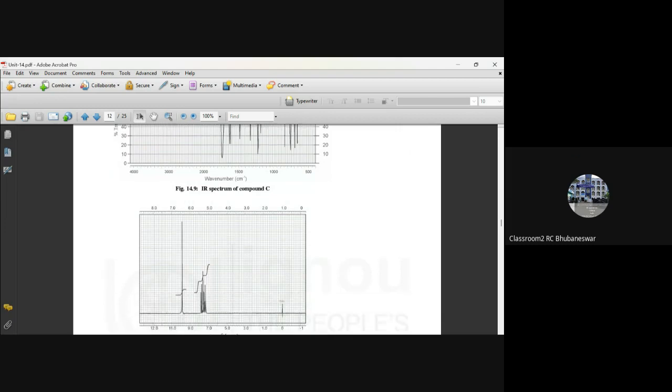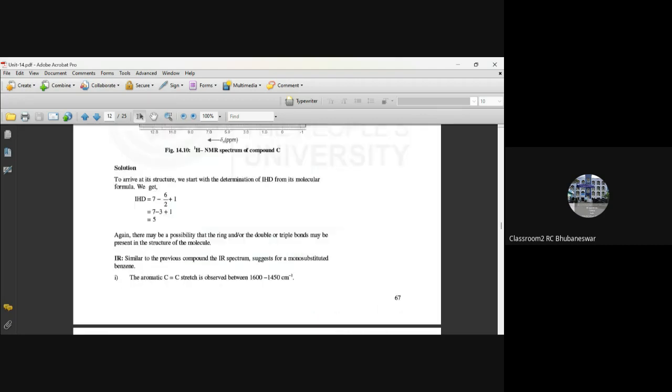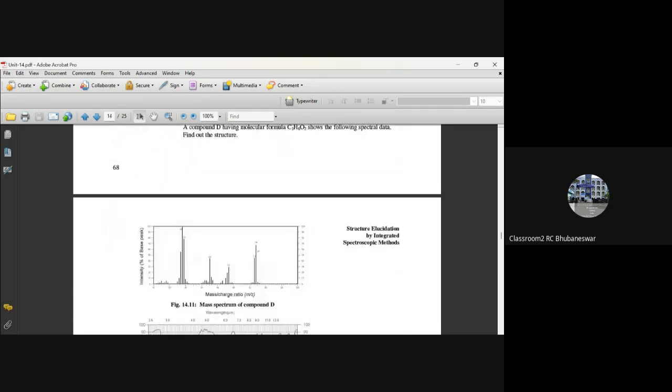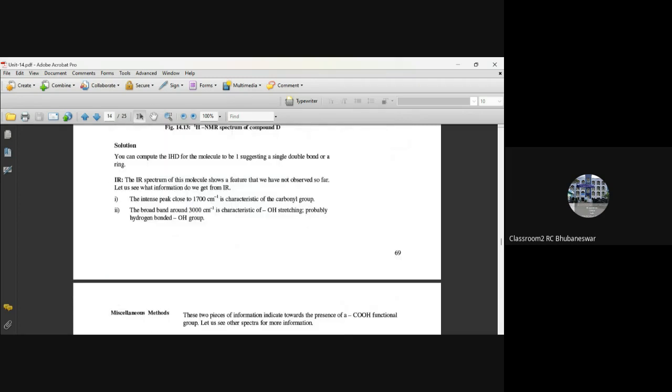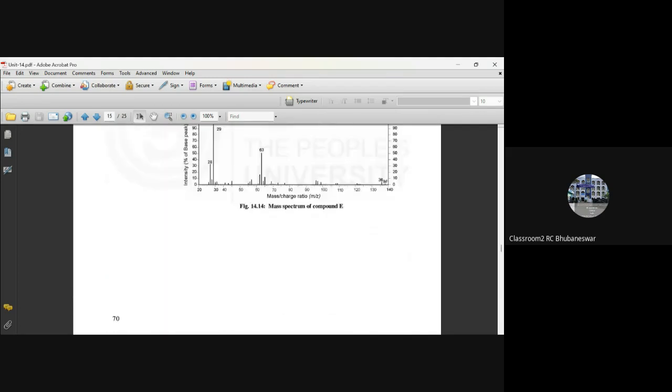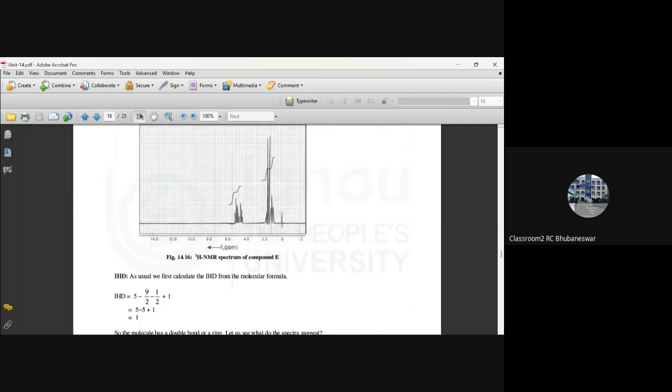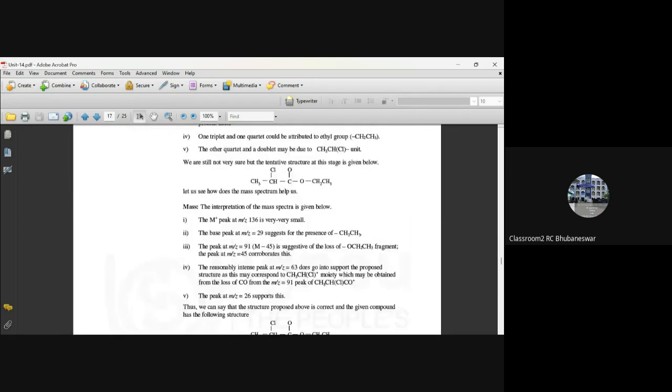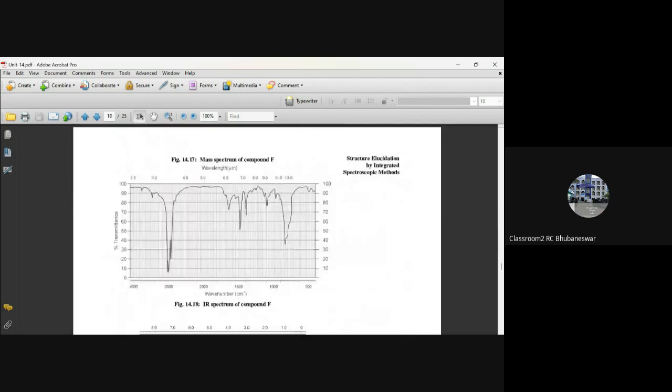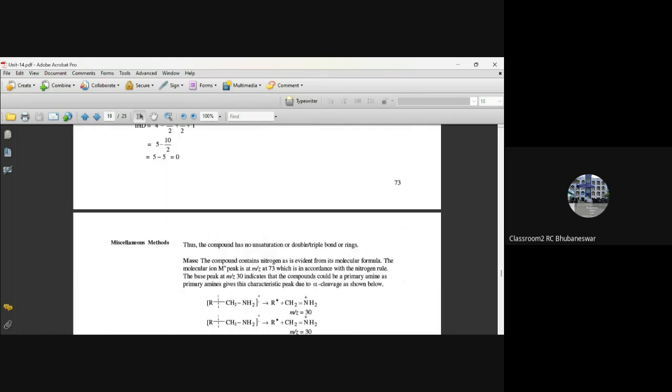Then the NMR peaks will also help you about whether nearby spin splitting is there or not, or in how many types of signals you are getting. From there you can get information. So this material is good enough to practice with various types of examples.